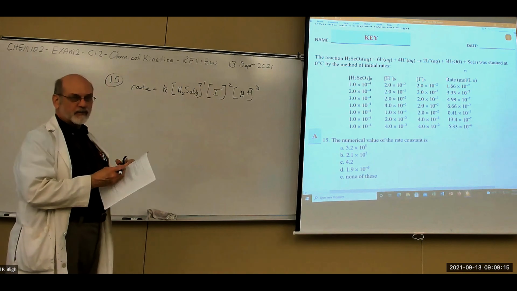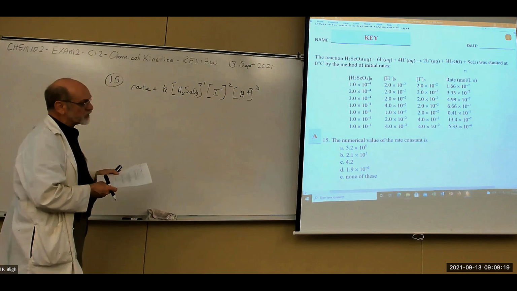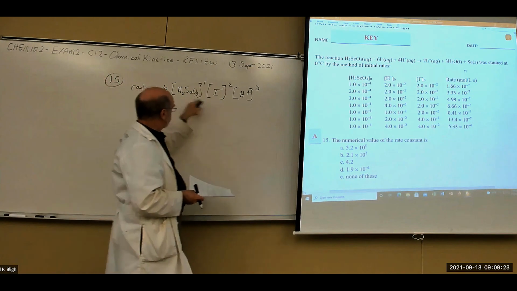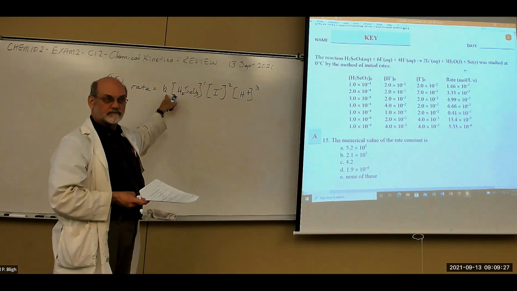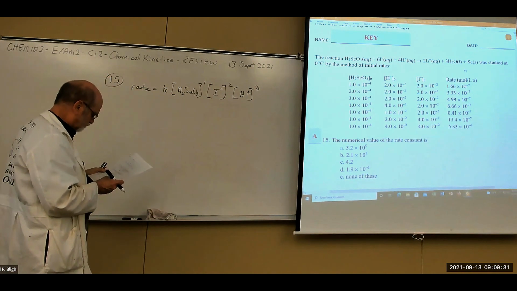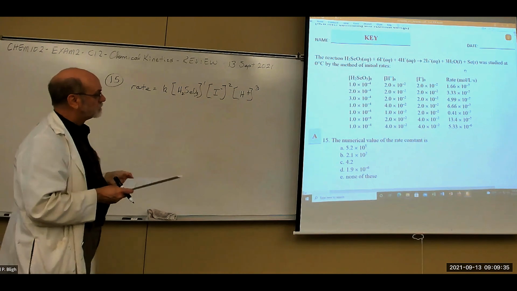Actually, this is the simplest part of the whole operation. To do this one, all you need to do is pick one of your experiments, plug in the values for that, and that, and solve for this one. So I think the example I used here was experiment 4.